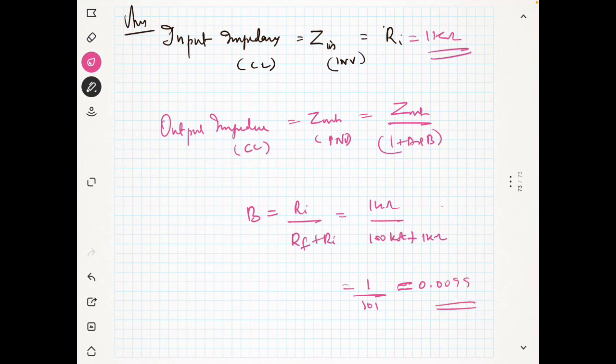If you substitute this, Zout was 50 ohms divided by 1 plus, AOL is 50,000, and B is equal to 0.0099. So you will get it as 980 milli ohm. I hope this is clear to you.